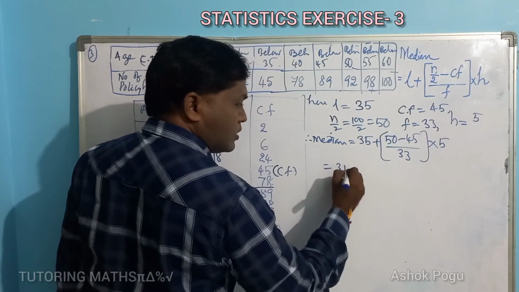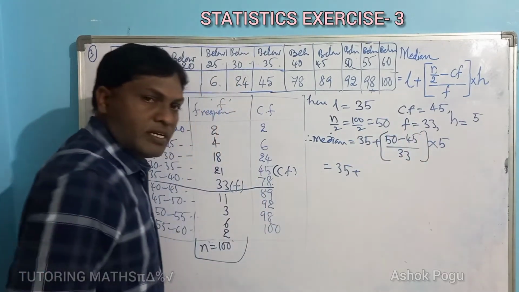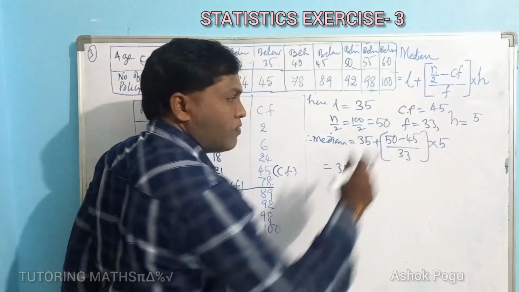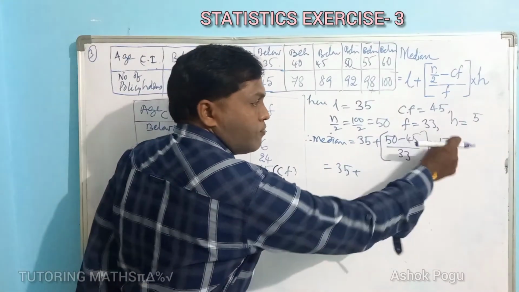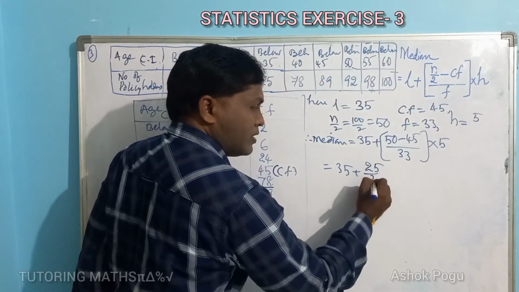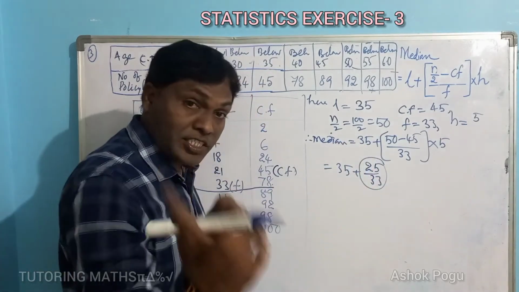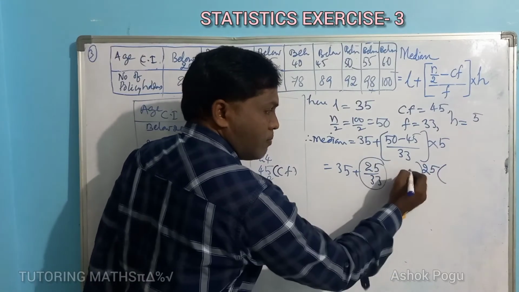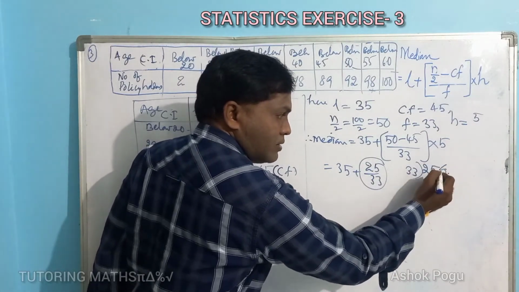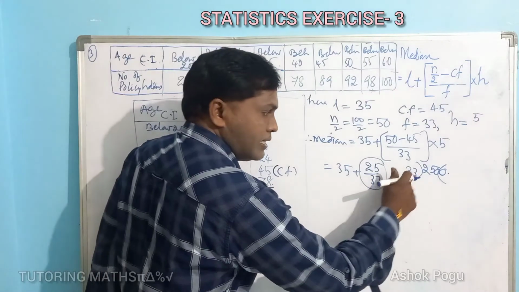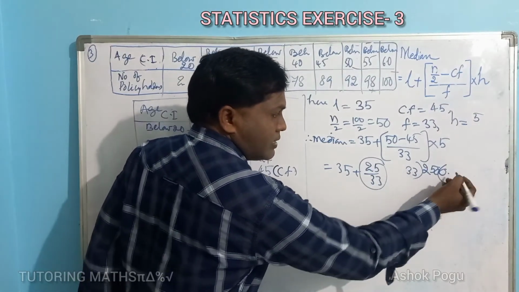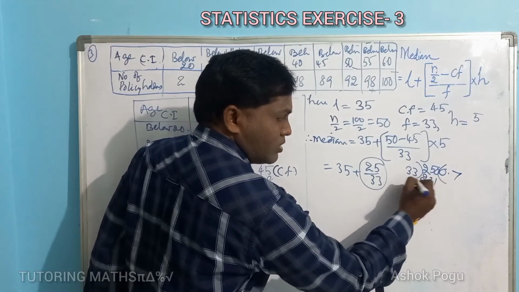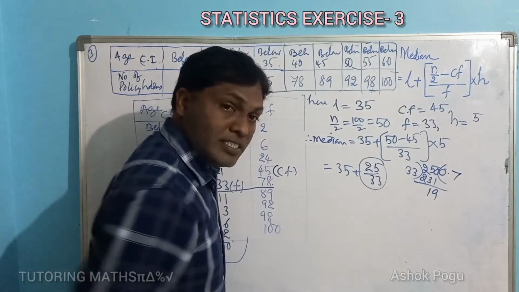You can simplify this column first, then add the result to 35. 50 minus 45 is 5. 5 into 5 is 25 by 33. Now this is in fractional form. Convert into decimal form by dividing 25 by 33. Not divisible, so I take 250. 33 table, you can take 7, 7 threes are 21, you get 231, and the remainder is 19.